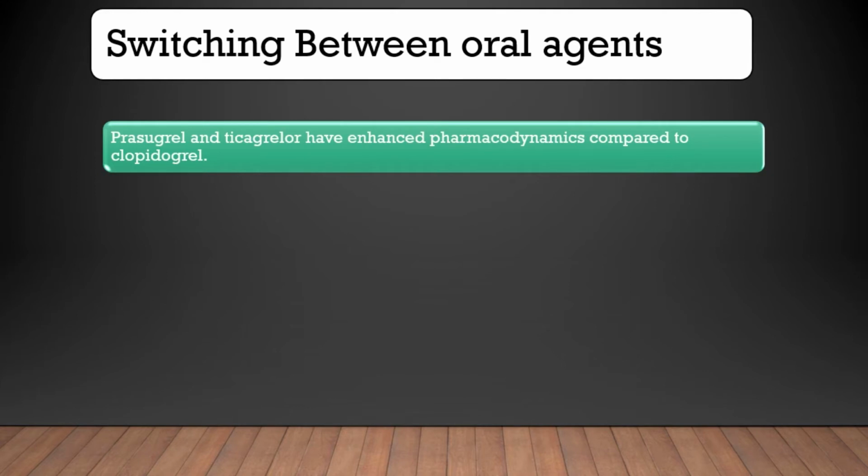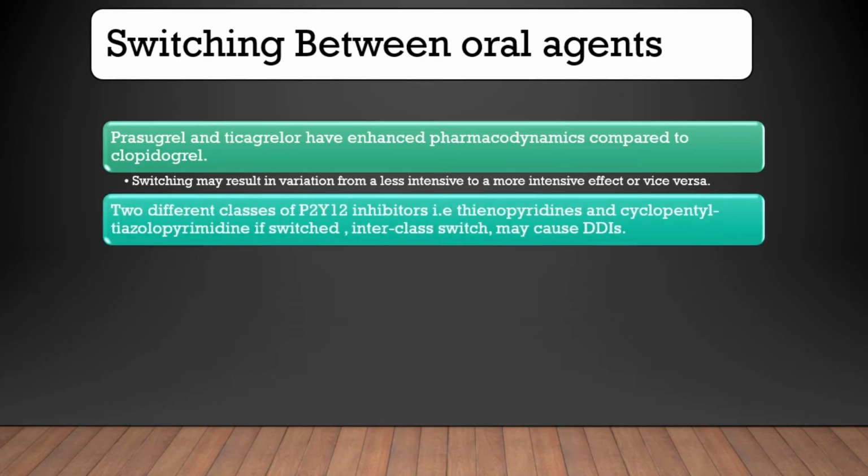It is known to you that prasugrel and ticagrelor have enhanced pharmacodynamics compared to clopidogrel, and that's why switching may result in variations from a less intensive to a more intensive effect or vice versa. There are two different classes of P2Y12 inhibitors, that are thienopyridines and cyclopentyl-triazolopyrimidine.